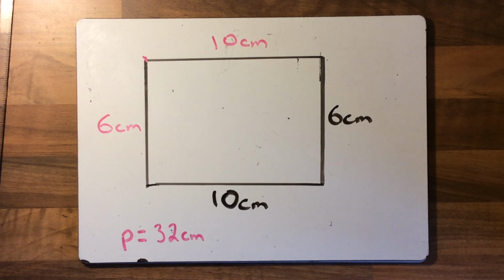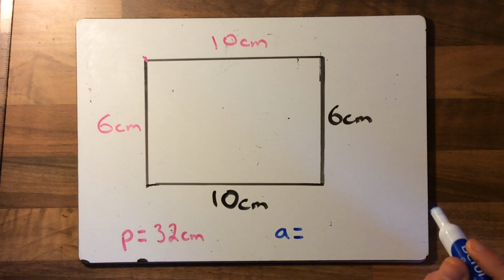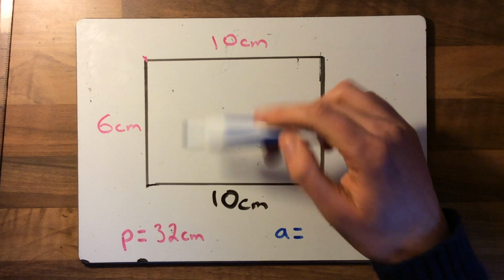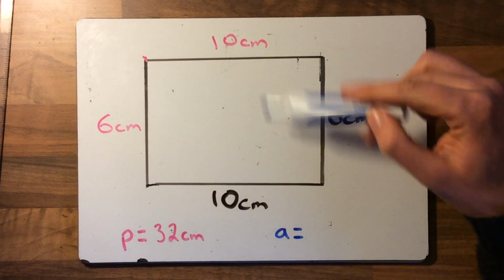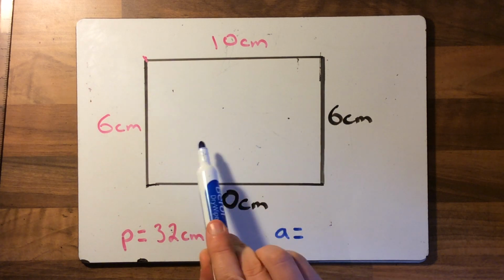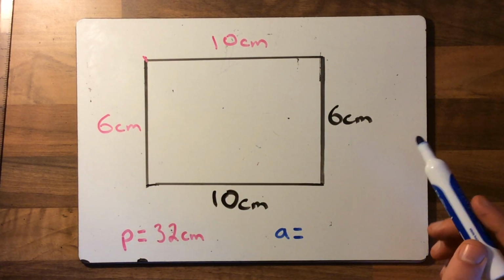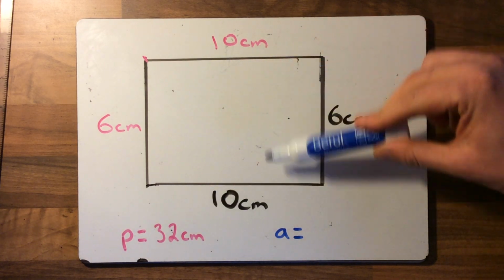Now if we were to find the area of the shape, I'll do this in blue. Now the area is different, remember, the area is the number of squares within the shape. So if I was to do 10 lines down here and 6 across here, how many individual squares would there be within this shape? Now we talked about how time consuming it is to draw all of these lines down here.